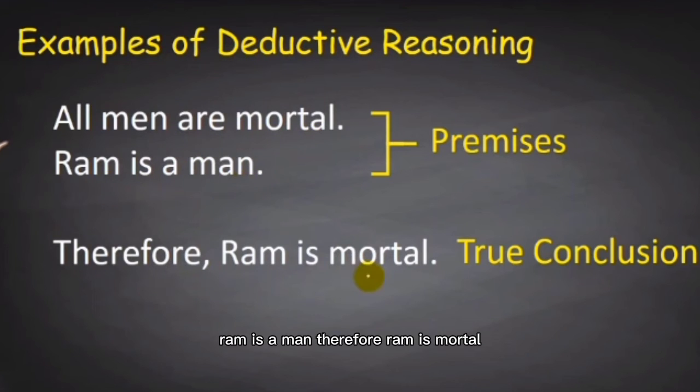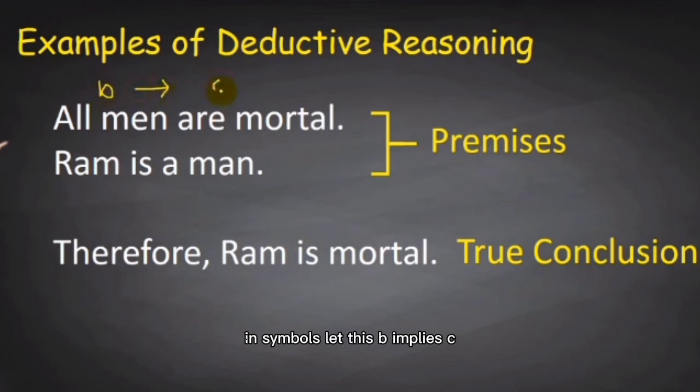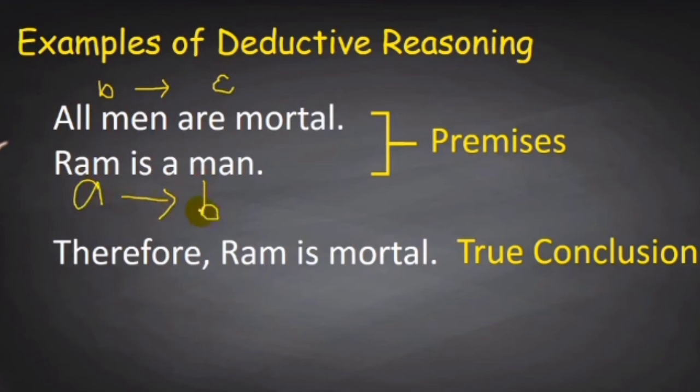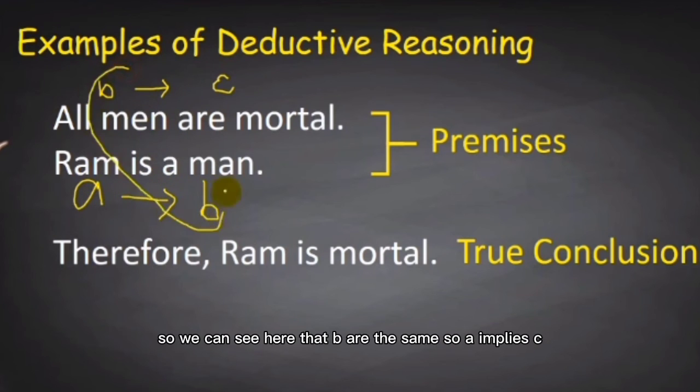Ram is a man. Therefore, Ram is mortal. In symbols, let this be B implies C, and this one A implies B. So we can see here that the B's are the same. So A implies C.